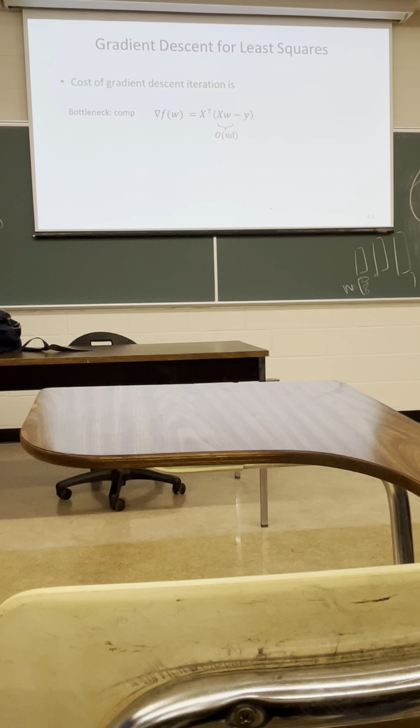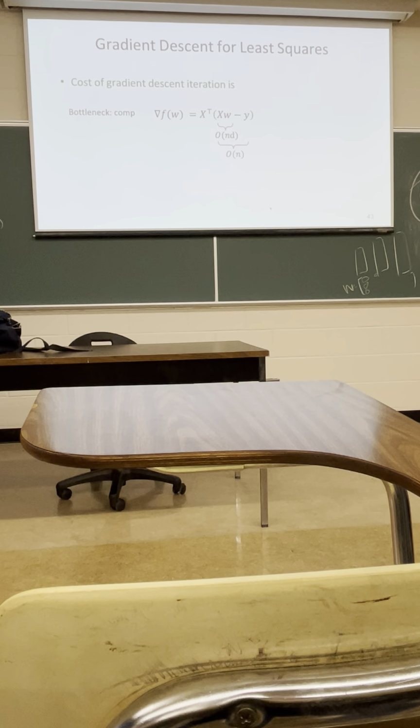The matrix X multiplied by w is O(nd), and the subtraction is an additional O(n). The sum of these two is O(nd + n), and because nd is dominant, it is also O(nd).